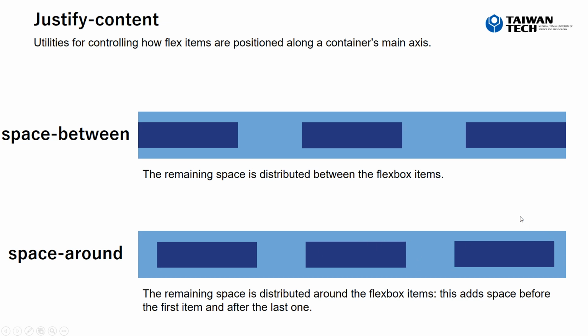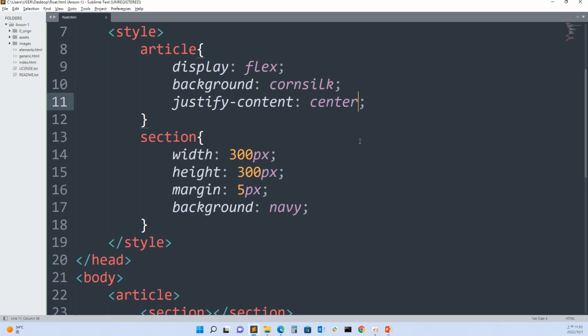And if you just use space-between, we just care about the space between the first child and the second child. So I will use space-between. Okay, maybe let's just try it.